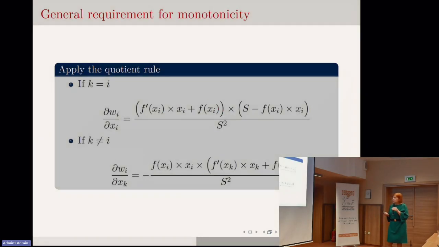So partial derivatives are very easy, for k equals i and for k not equal to i.